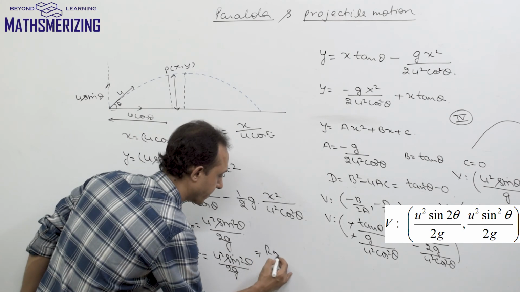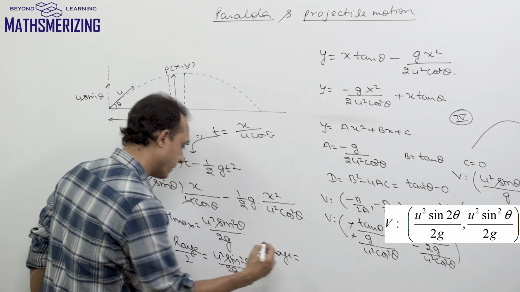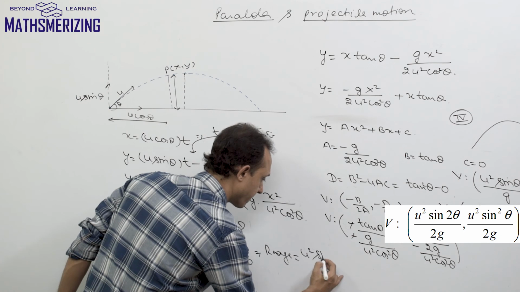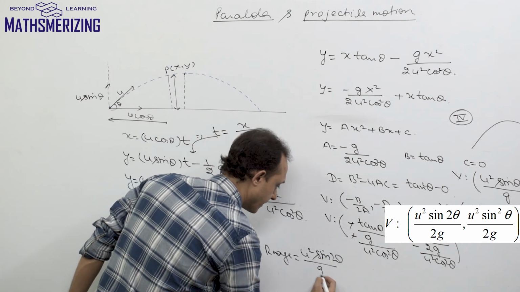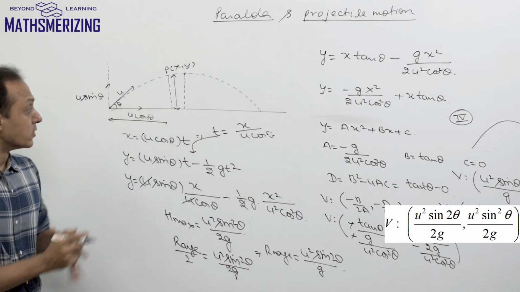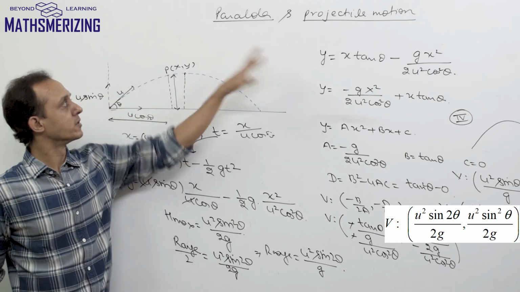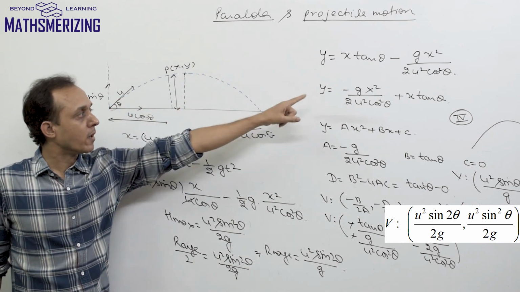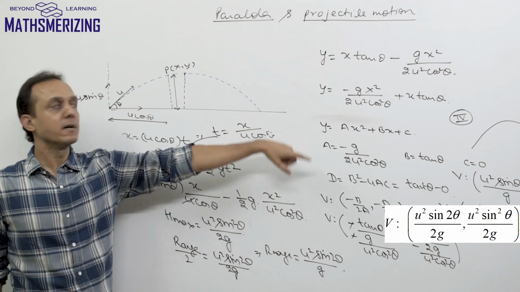From here we say the range of this projectile will be u square sine 2 theta upon g. So this is how projectile motion is related to quadratic expressions, which in fact is a parabola.